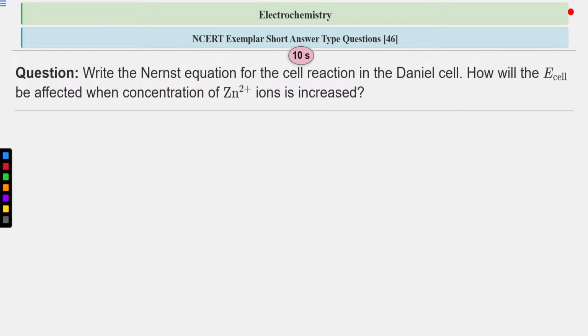Try to solve and analyze it, then we can continue to the correct answer.